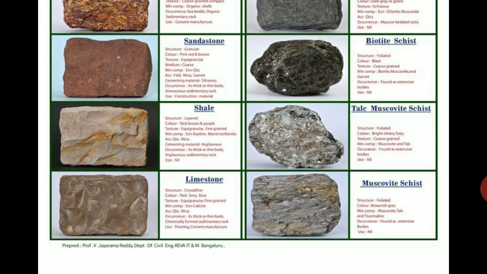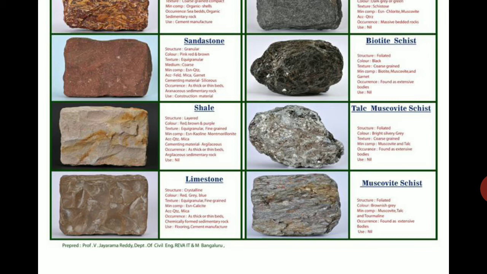And the last one is limestone. Structure is crystalline, color red, gray, blue, texture equigranular, fine grained. Mineral composition: essential mineral present is calcite. Accessory minerals are quartz and mica.